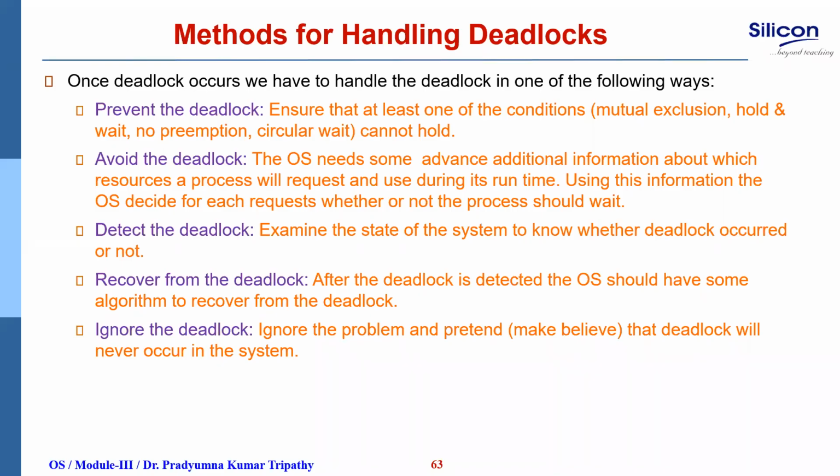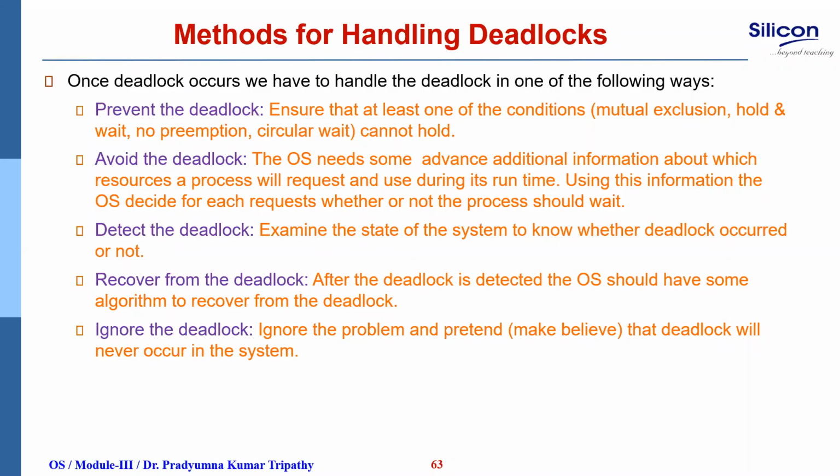This means that all deadlocks cannot be resolved. So you ignore the problem and pretend that deadlock will never occur in the system. Just believe that deadlock will not occur and start working. If it is a problem, you just have to ignore it; nothing more you can do.